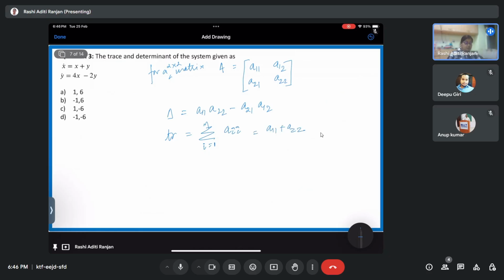Now this is for a matrix, but I have two differential equations. How will I find the trace and determinant? So, we can always convert a set of n first order differential equations into a matrix form. Then I can represent it in the form of a matrix in a single equation, right?